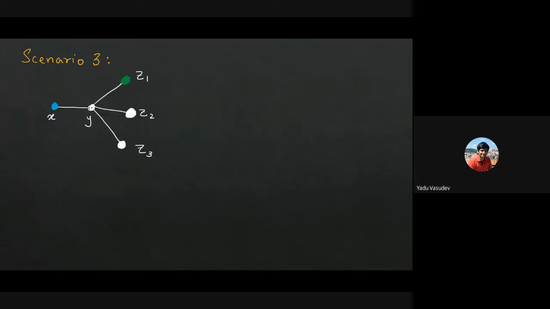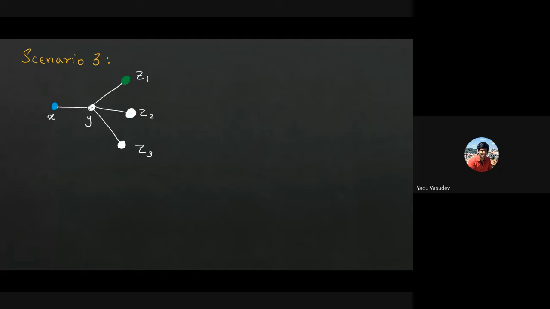So the final scenario is this, where you have exactly one vertex which is a neighbor of one vertex in I. What will happen now? What will cause dt to increase?